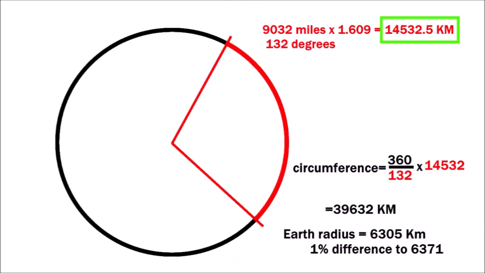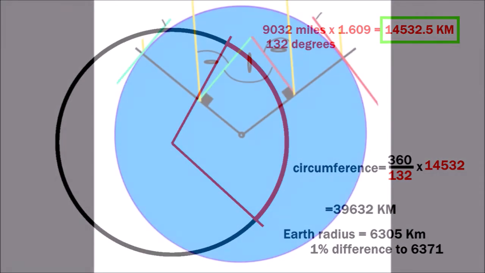Using this number, 132 degrees, and the flight route, we get the Earth radius to be 6,305 kilometers. That is 1% difference to the 6,371 kilometers, the well-known number.